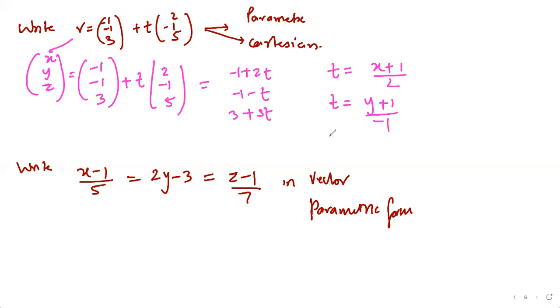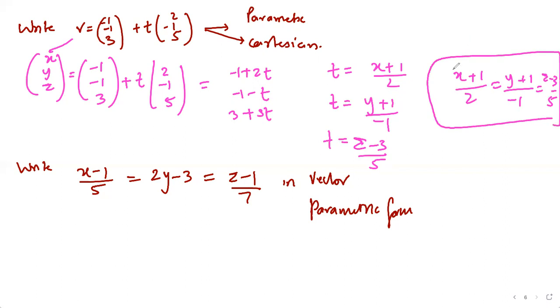And then t will be (z minus 3) upon 5, and equate them. So it'll become (x plus 1) upon 2 equals (y plus 1) upon -1 equals (z minus 3) upon 5. So you automatically get the same equation, or you could use the standard format, (x minus x1) upon b1 equals (y minus y1) upon b2 equals (z minus z1) upon b3. So any of these is okay.